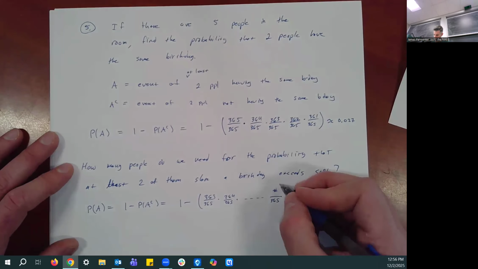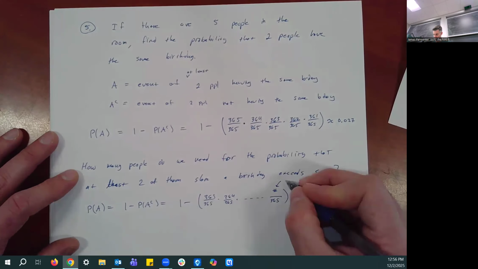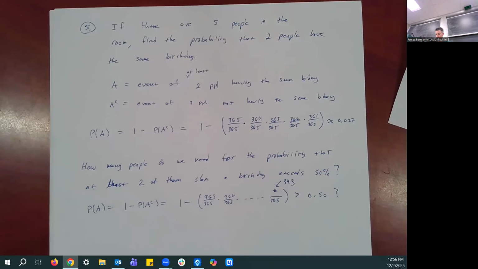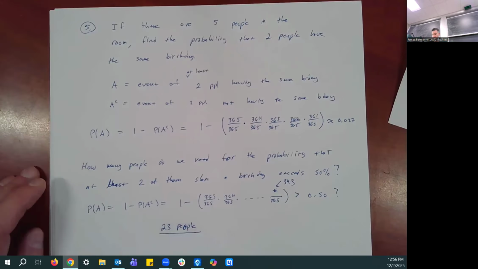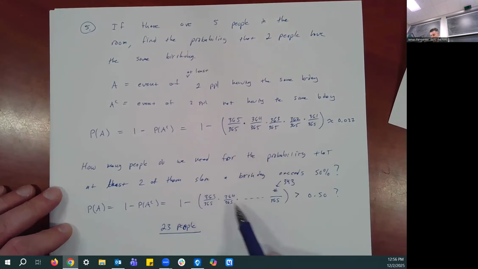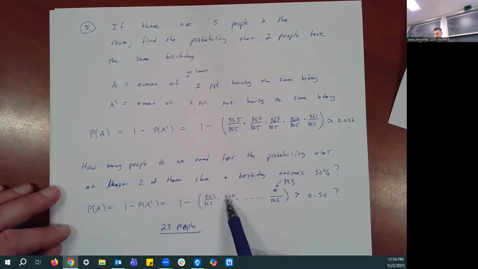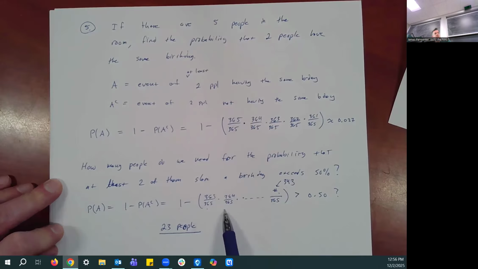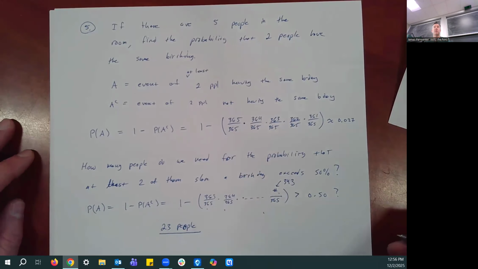So this number right here ends up being what? 365 minus 22 is 343. So if you have 23 people, just like here we had 5 people and that number was 361, this quantity, 1 minus 365 times 364 times 363, all the way down to 343, all over 365 times 365 times 365 that many times, that's going to be about 0.507.